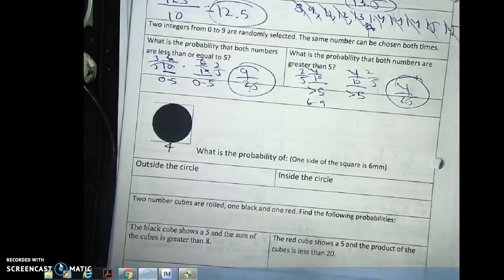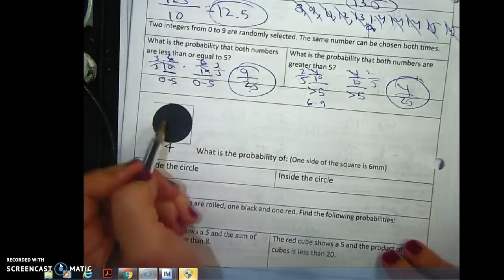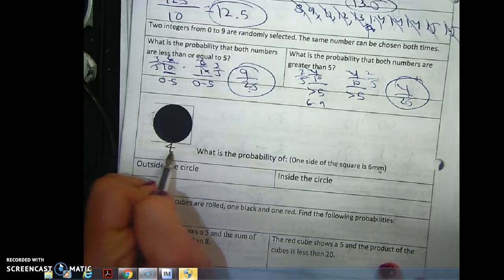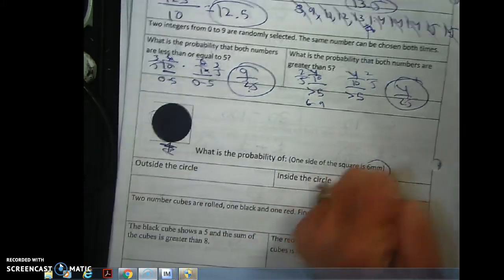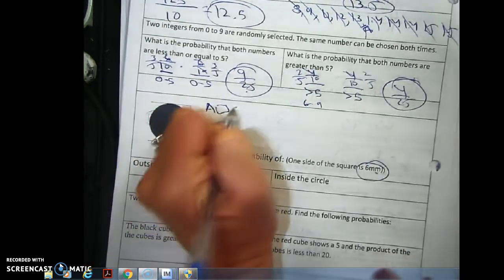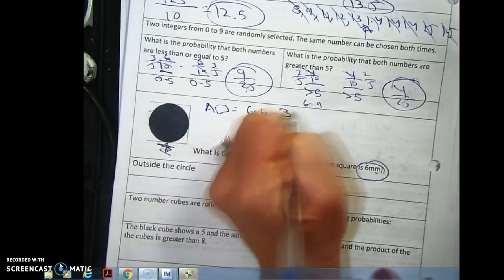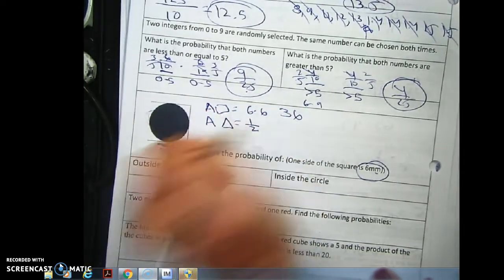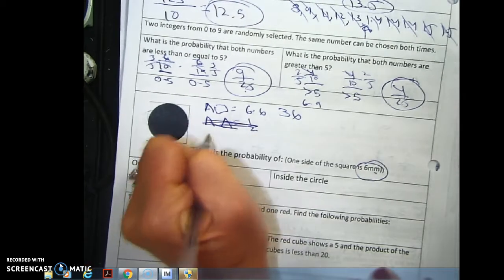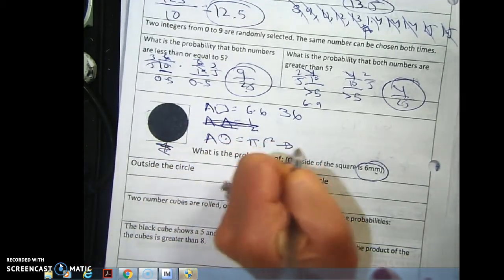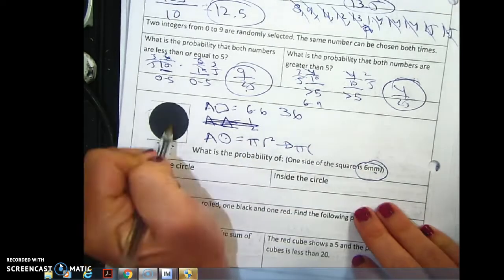Okay? What is the probability of, I'm guessing, getting the shaded circle? One side of the square is 6, but it says 4, so fine, I'll acknowledge this one, okay? So I need to find the area of the square, which would be 6 times 6, which is 36. I need to find the area of the circle, which is pi r squared, which is pi times the radius.